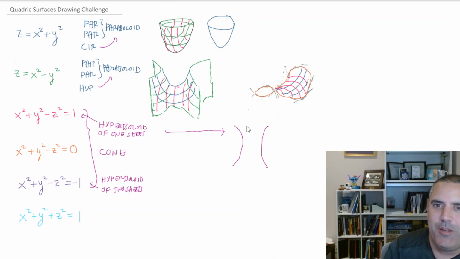I would have another hyperbola kind of going front and back. And then just like with the paraboloid, I would draw the traces of the circle on top. And I'd have another one down here.